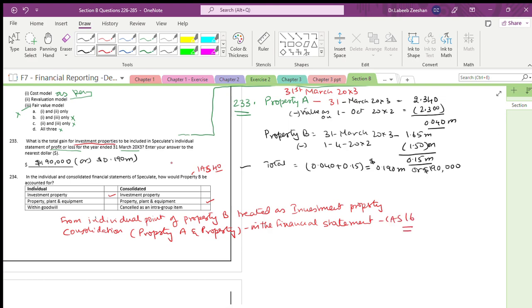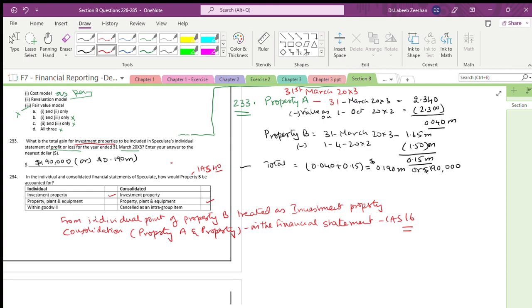The reason is, you are halfway through using it for your own purpose, and halfway you have let it for investment.